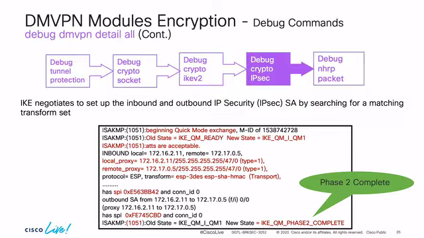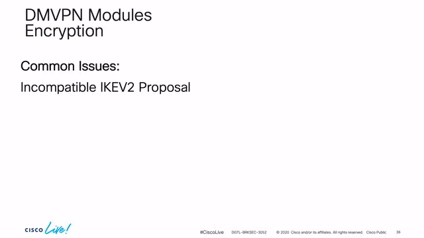One of the most common issues that we've seen is a mismatch in the IKEv2 proposal, or an incompatible IKEv2 proposal. So what exactly does this mean?